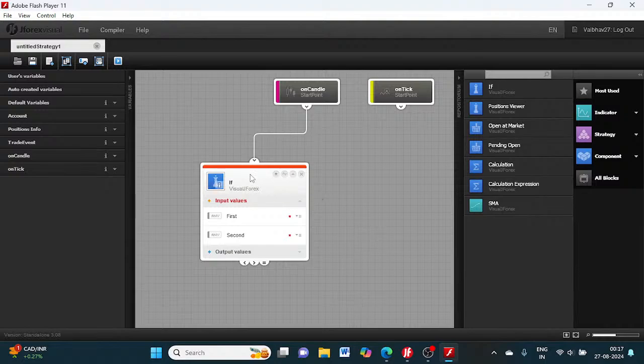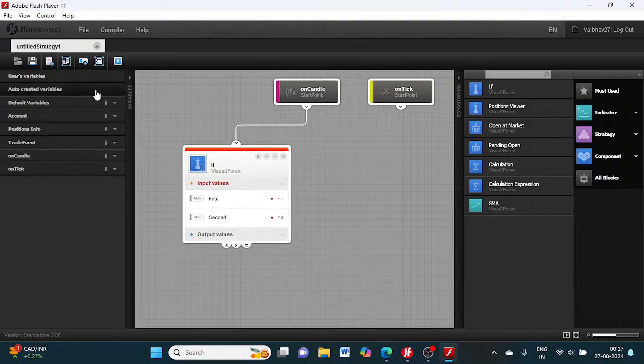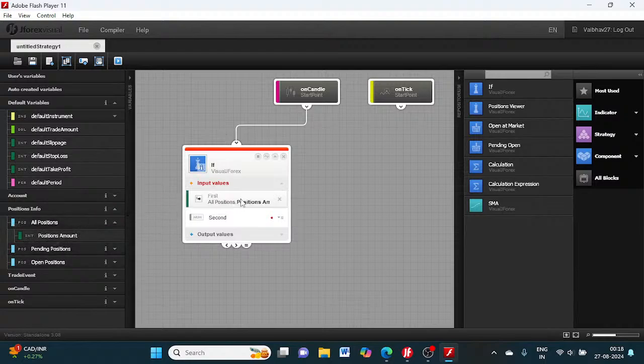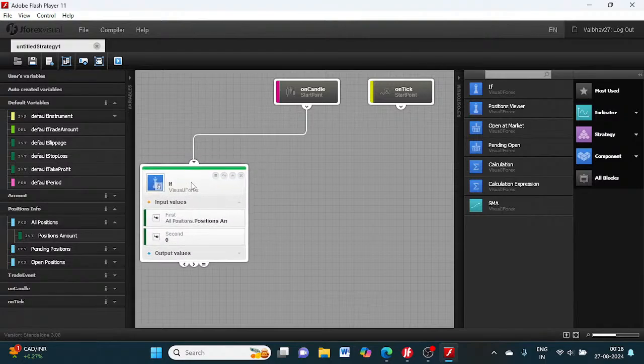All right, now I will say that there should be no position, that is, if the position amount is equal to 0, then only trade initiation should happen.